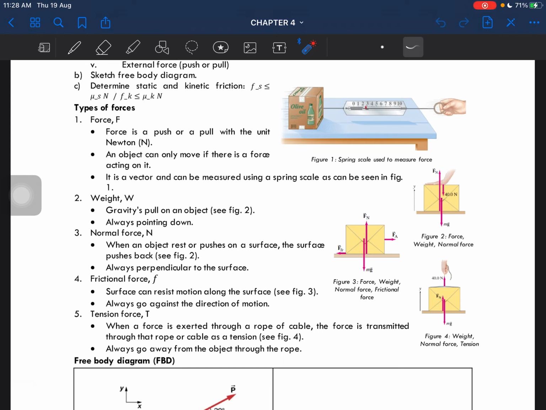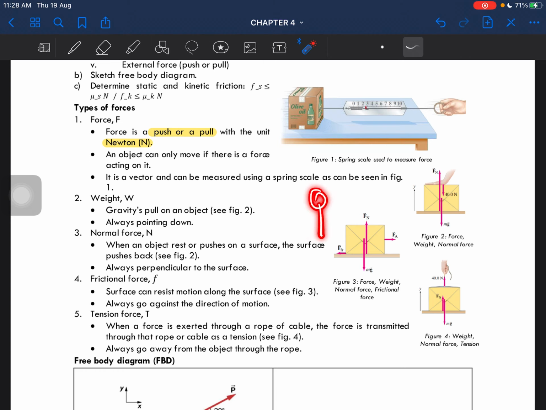The first force is force itself. Force is a push or a pull. It has a unit of Newton. The SI unit for force is Newton. And then we know that an object can only move if there is a force acting on it. Imagine if you are standing here, and someone didn't push you, you won't be moving, right?